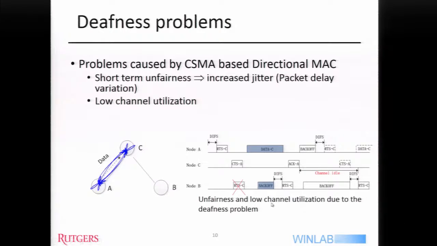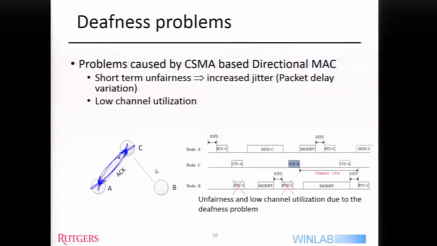After the backoff process finishes, node B will transmit another RTS packet. But node A and node C may still be talking to each other and transmitting the data packet. Then this packet will be lost again. This time, for the traditional CSMA-based protocol, node B will start a much longer backoff.